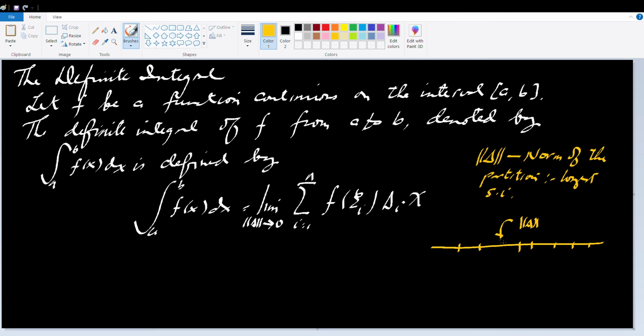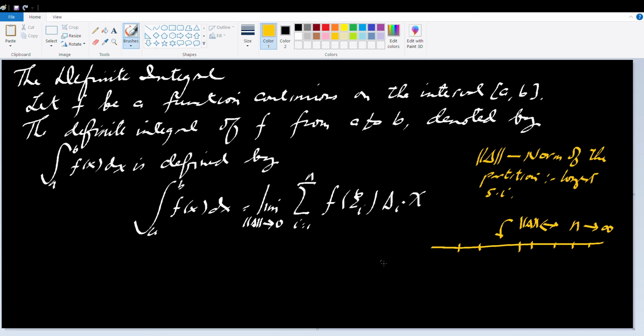So the norm of the partition approaches 0, meaning to say that the length of the longest subinterval is made to decrease, approaching 0. And this is equivalent to the number of subintervals increasing without bound. So the norm of the partition is nothing new after all, because it is the same as n increasing without bound.